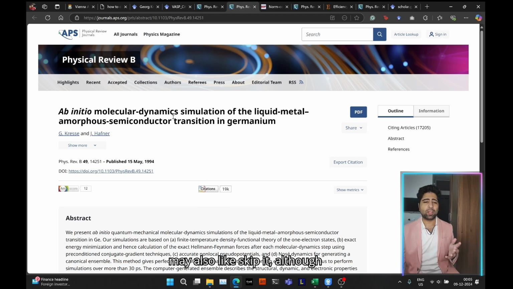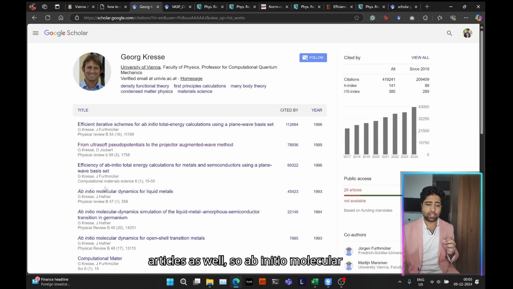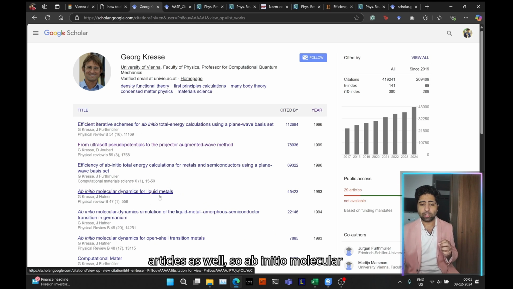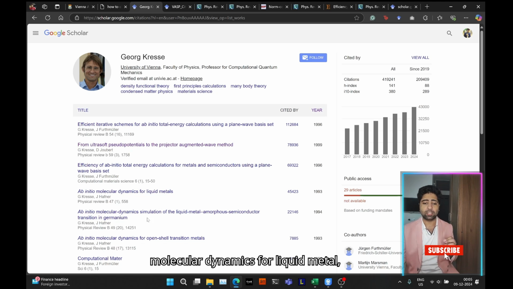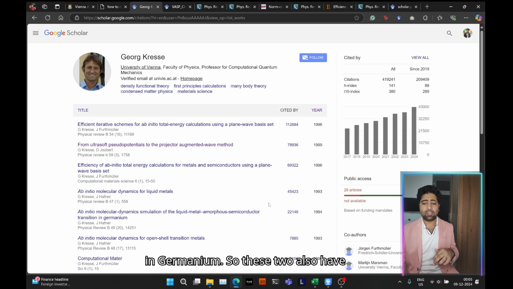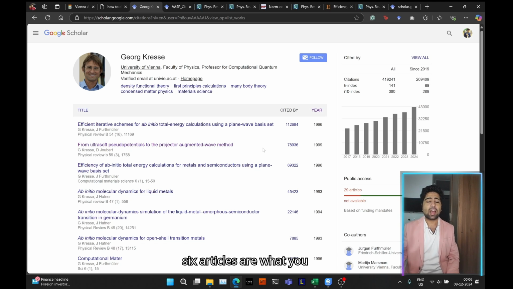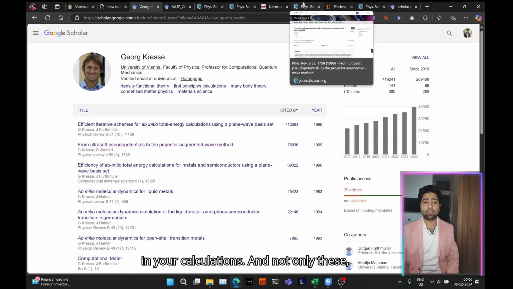So you may also skip it, although considering the amount of citations that he has on his profile for these two articles as well: Ab initio molecular dynamics for liquid metals, and Ab initio molecular-dynamics simulation of the liquid-metal amorphous-semiconductor transition in germanium. These two also have a significant amount of citations due to being mentioned here on the community forum as well. So I guess people cite these as well. It's your choice, but at least these 4 to 6 articles are what you need to cite whenever you are using VASP in your calculations.